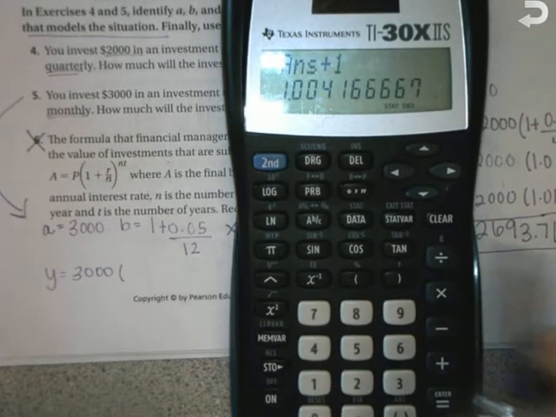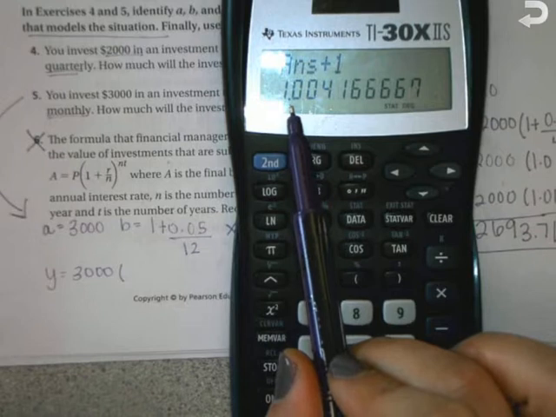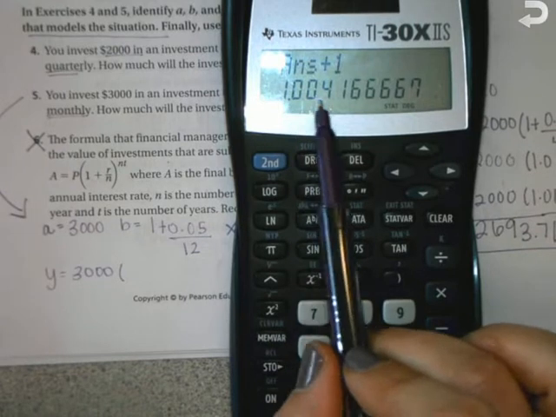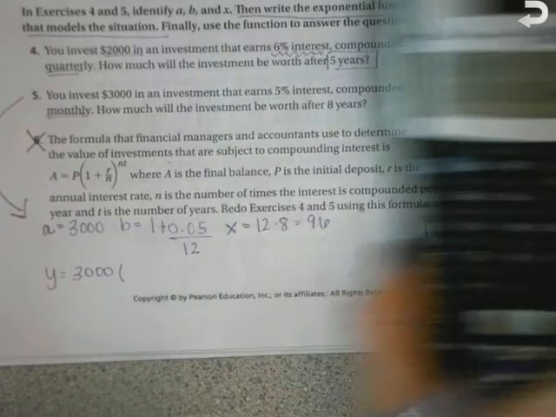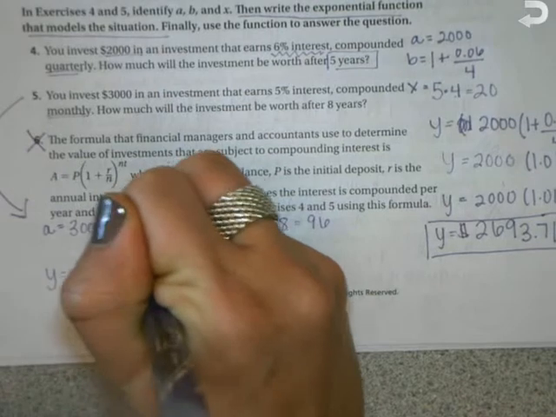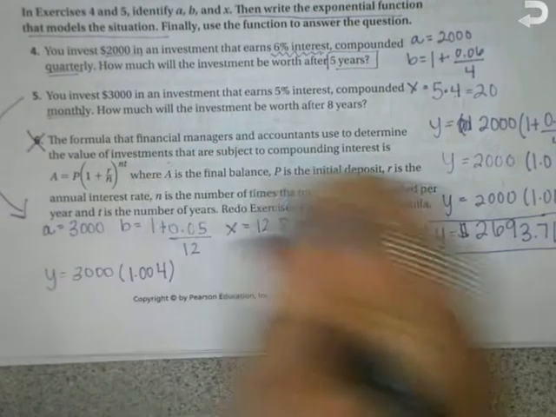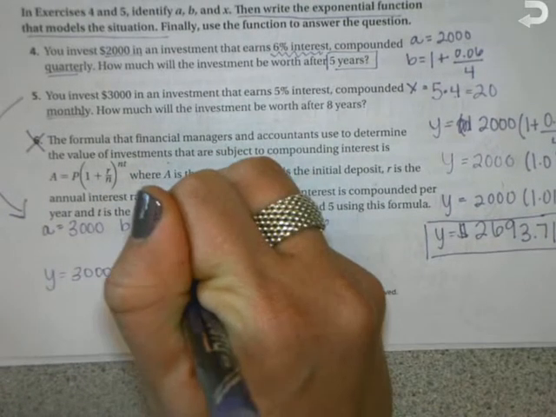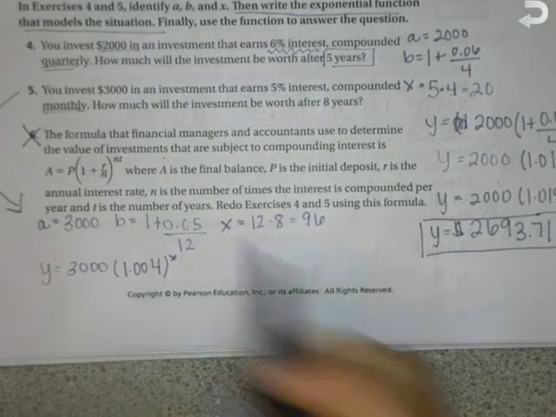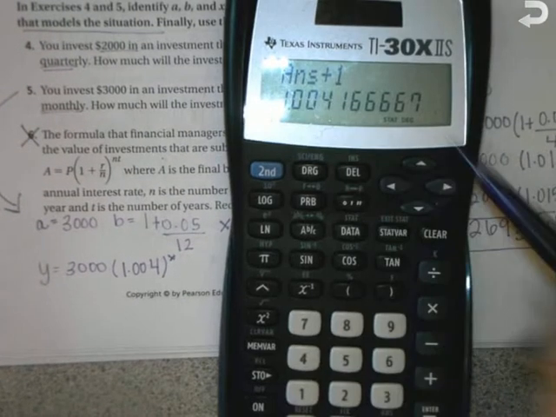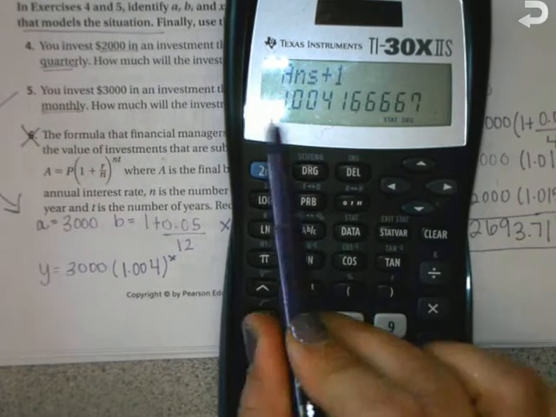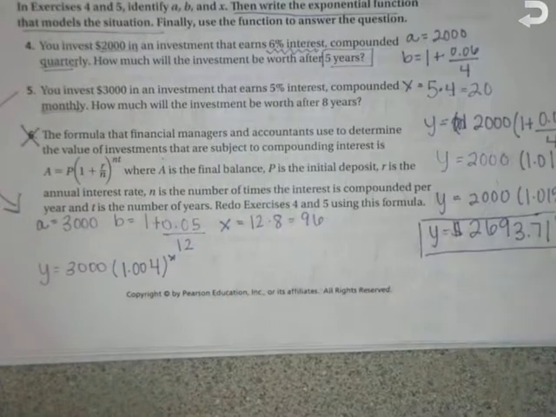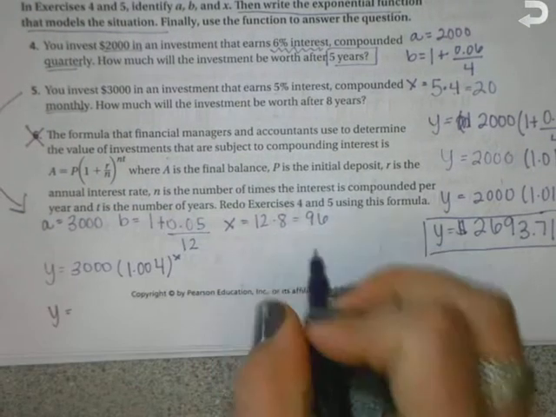So I'm going to say 1.004. I rounded it there and got a different answer. 1.004 to the x. So even though I rounded it right here, when I punch everything into the calculator, I'm going to leave it this big long thing, okay? So we're looking for x is 96.